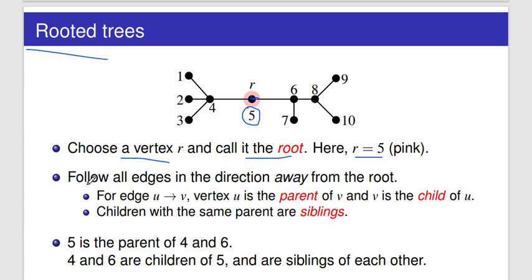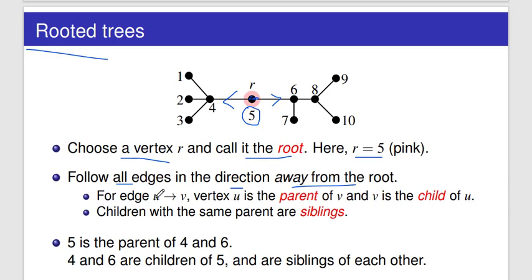Follow all the edges in the direction away from the root. Like this, we have to make all the edges in the direction away from the root.